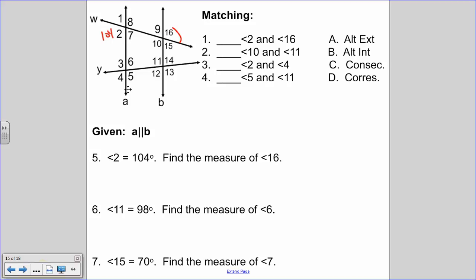They also mentioned that line A is parallel with line B. So since line A is parallel with line B, and 2 and 16 are both exterior angles, and on different sides, they're alternate exterior. And since A and B are parallel, that means the angles are congruent. So that means the measure of angle 16 is also going to be 104.